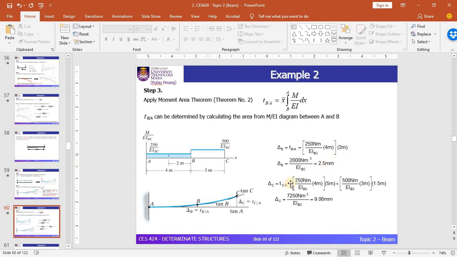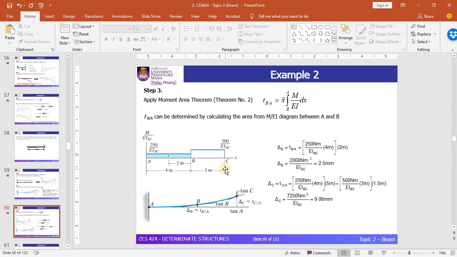Let's proceed to point C. At point C, we have defined that delta C is equal to TCA, meaning that the limit is from C to A, as in the general equation for AB. But in this case it is about points C and A. By looking at the MEI diagram, C to A covers the entire MEI diagram.